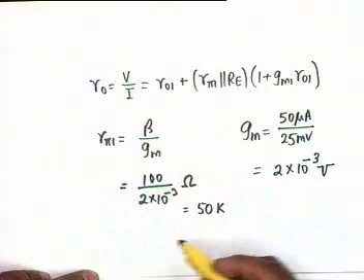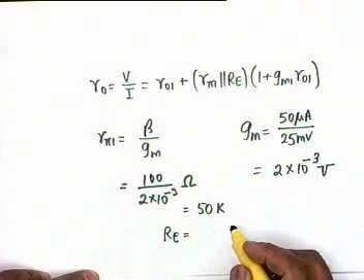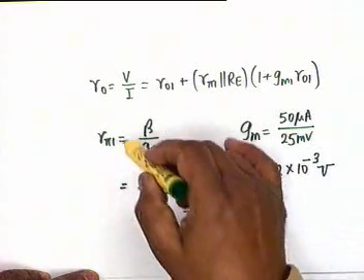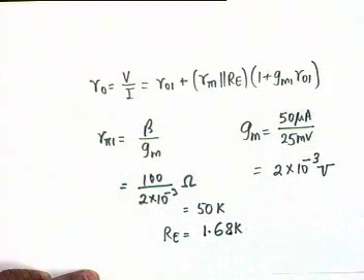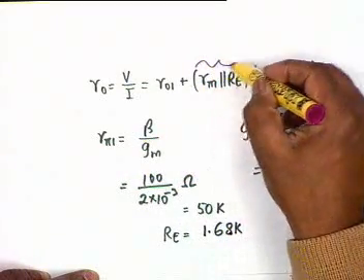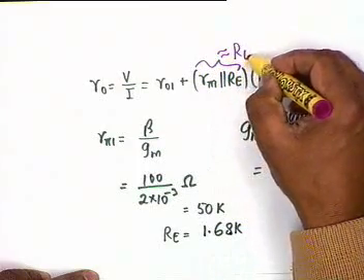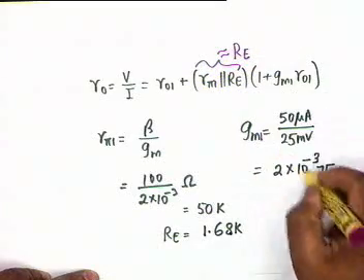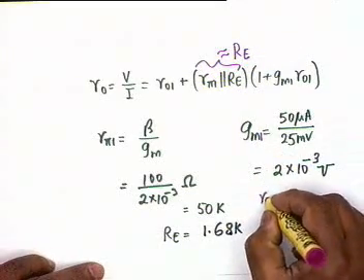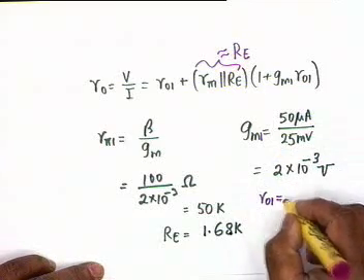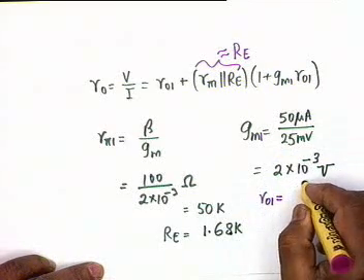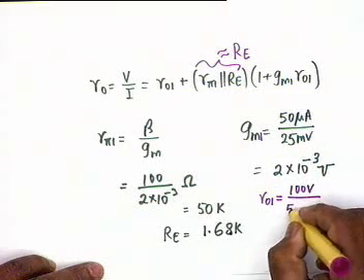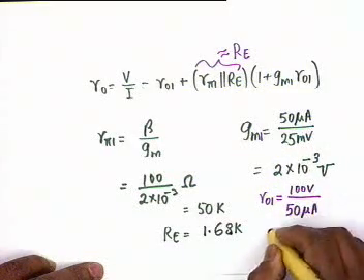Agreed? So R pi 1, and what is RE? For the numerical example, it was 1.68 K. Therefore, R pi 1 is much greater than RE, which means that this quantity is approximately equal to RE. Now GM1 is this. What is R01? R01 is VA, which is 100 volt divided by IC1, which is 50 microampere.